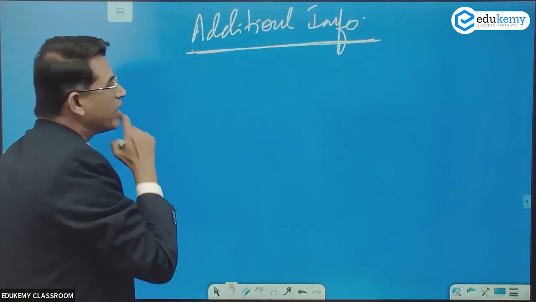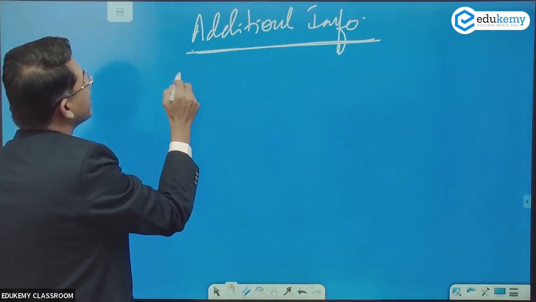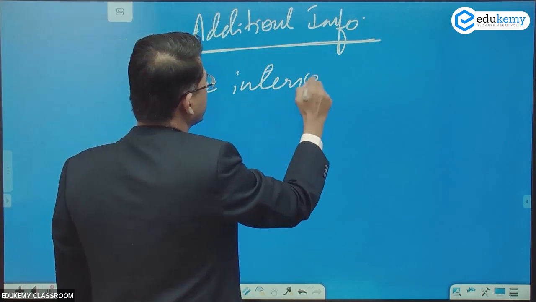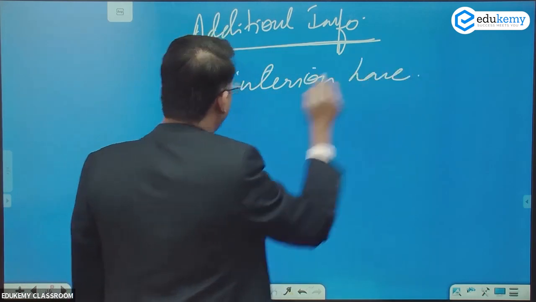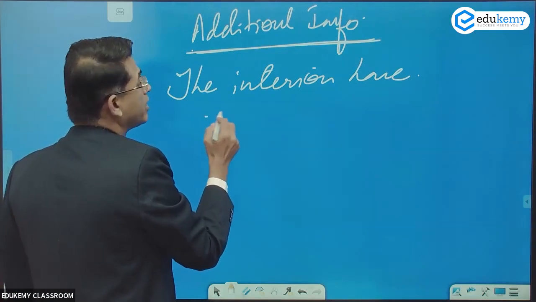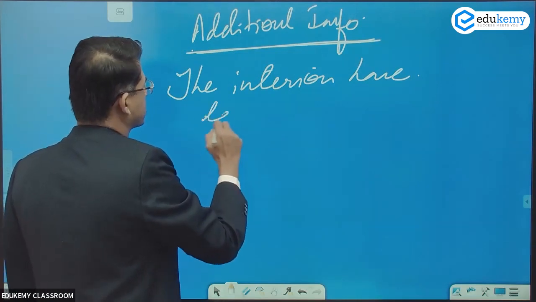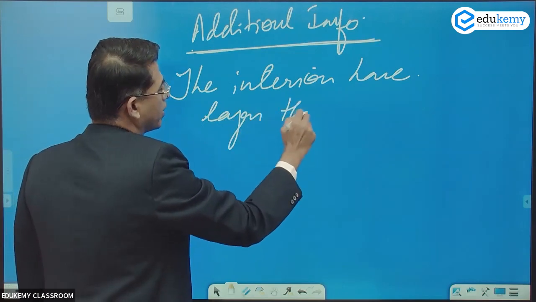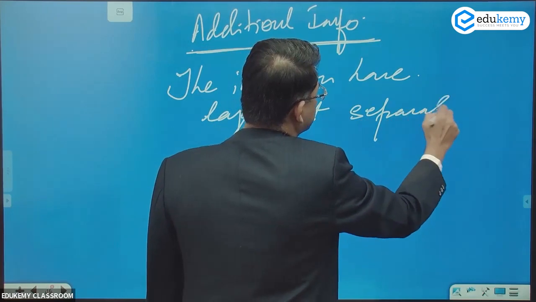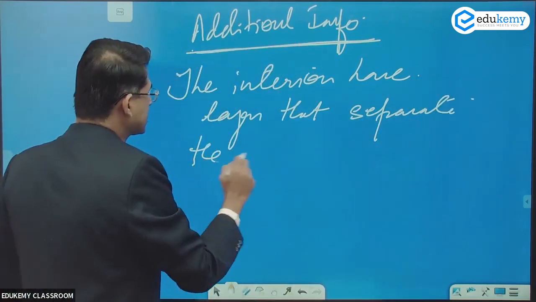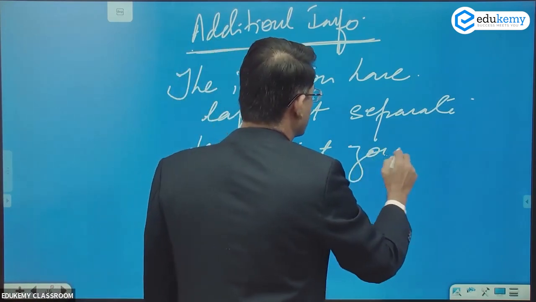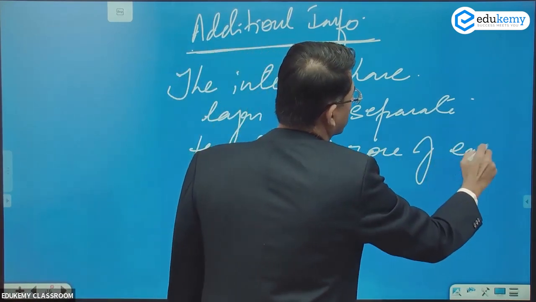Okay. So the interiors have, you can say, layers that separate the distinct zones of the earth.